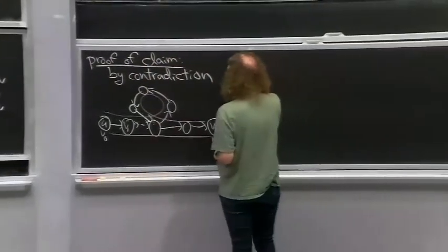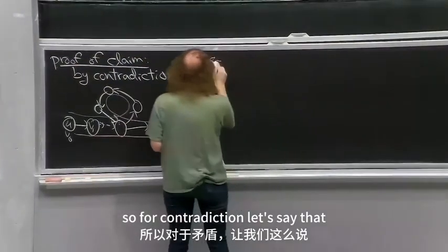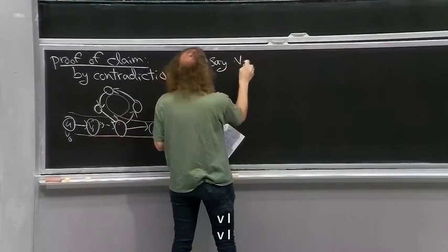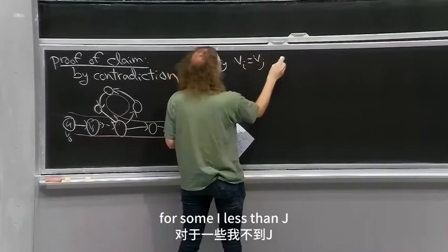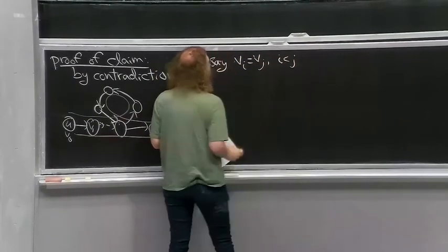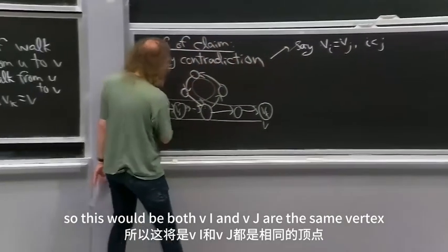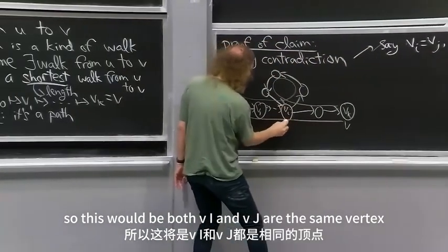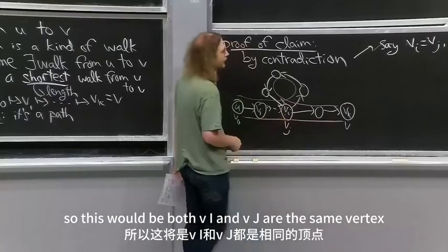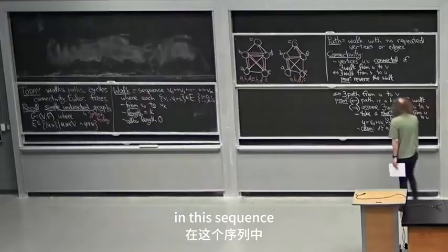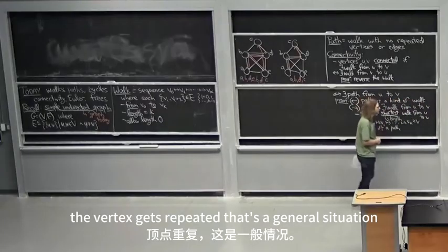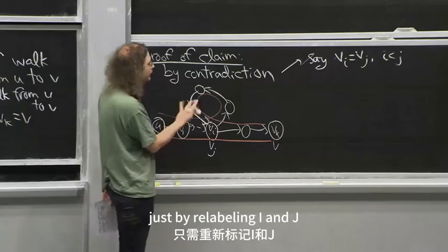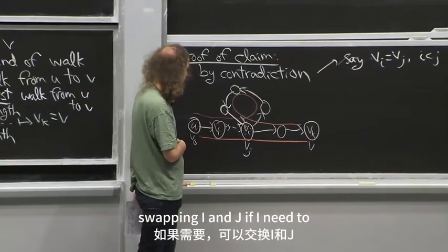So for contradiction, let's say that vi equals vj for some i less than j. So this would be both vi and vj are the same vertex in this sequence. The vertex gets repeated. That's the general situation. I can assume i is less than j just by relabeling, swapping i and j if I need to.